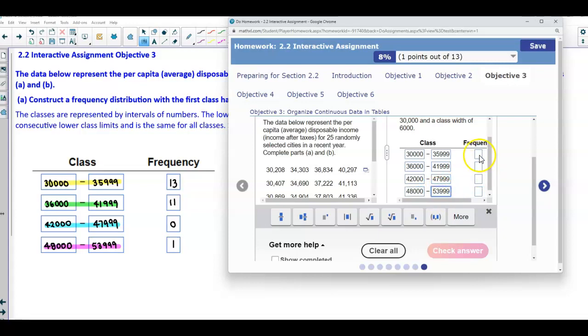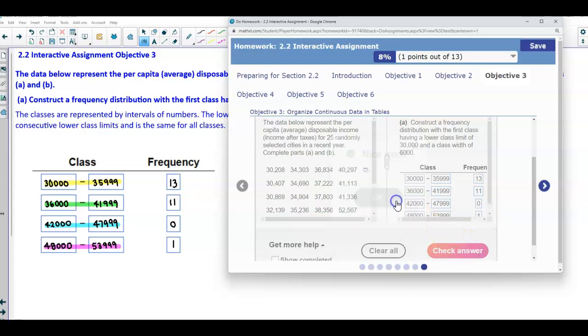Let's put in the frequency. The frequency for the first class is 13, the second class is 11, the third class is 0, and the last class is 1. So let's check our answer. And there is our result.